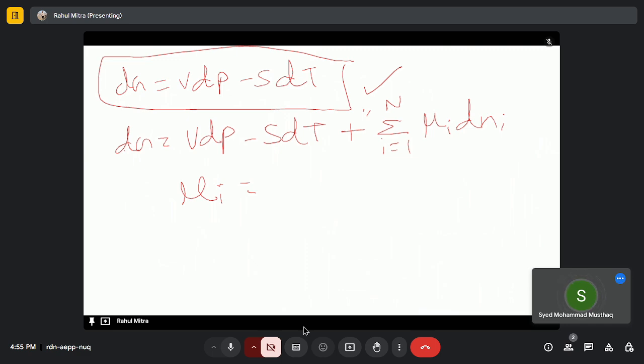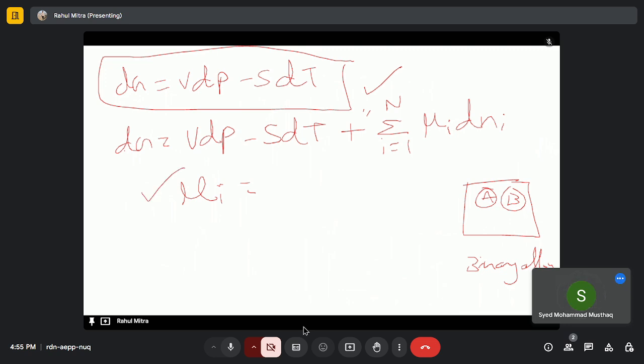Chemical potential is nothing but, suppose I have a system with A particles and B particles. Let's say they are equimolar, it doesn't matter if you take different compositions. Let's say I have A type of atoms and B type of atoms, so it's a binary system.